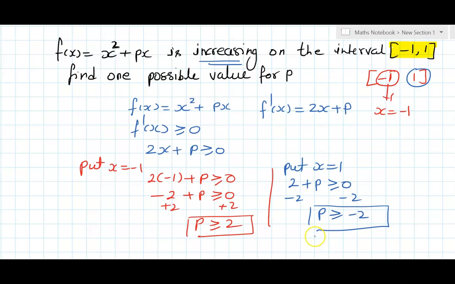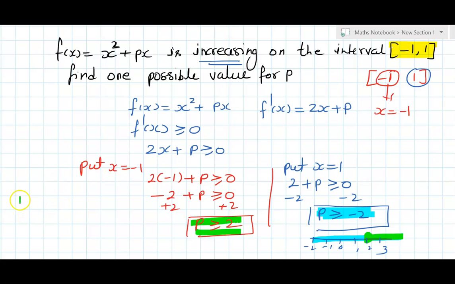If you follow the number line like here, -2, -1, 0, 1, 2, 3. For p greater than -2, all these values will be there, and for p greater than 2, this will start from here. So the possible value of p has to be greater than or equal to 2.